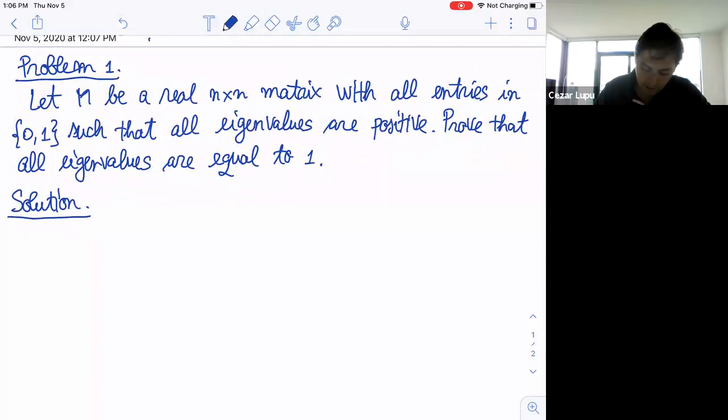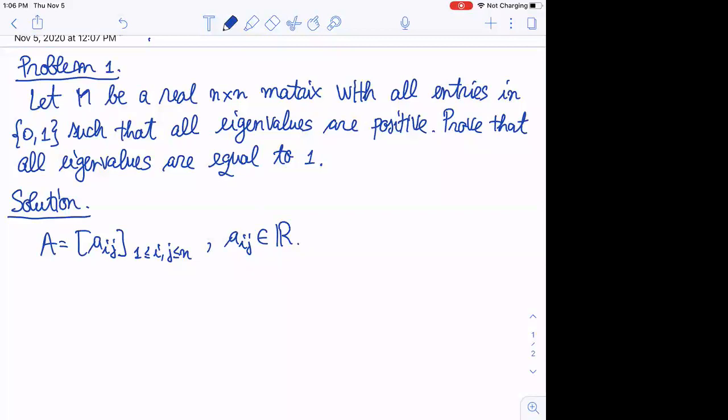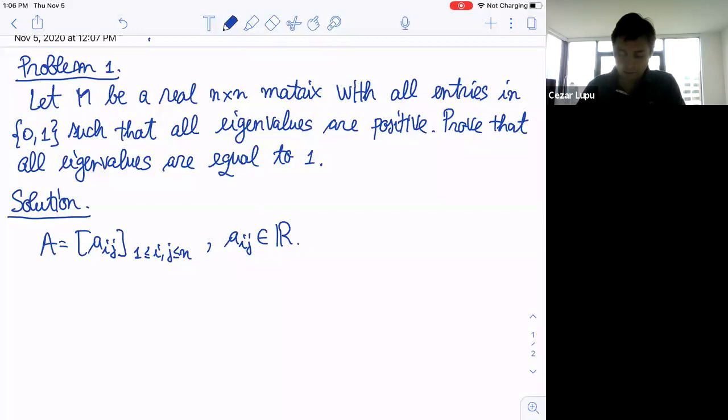So let's just say that this matrix has entries a_ij, with i and j going from 1 to n, and these numbers a_ij are real numbers. And all the entries are 0 or 1.